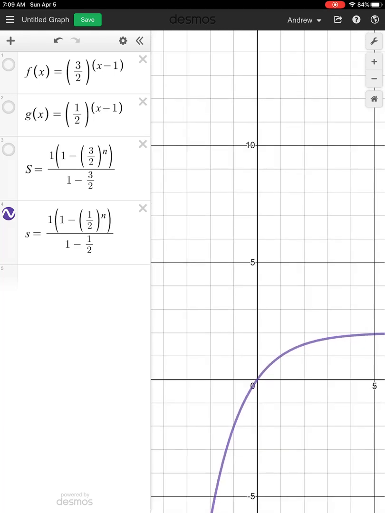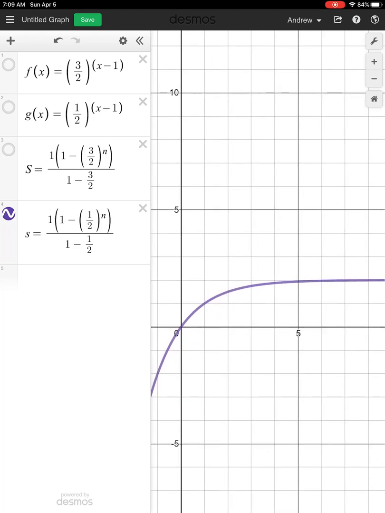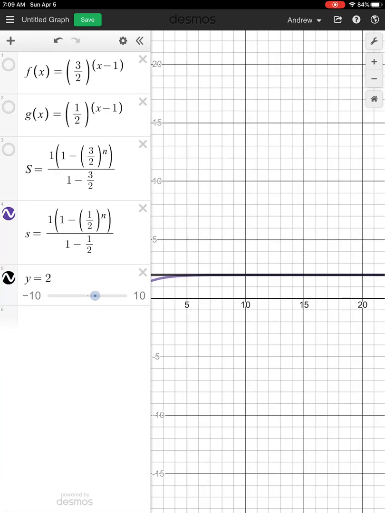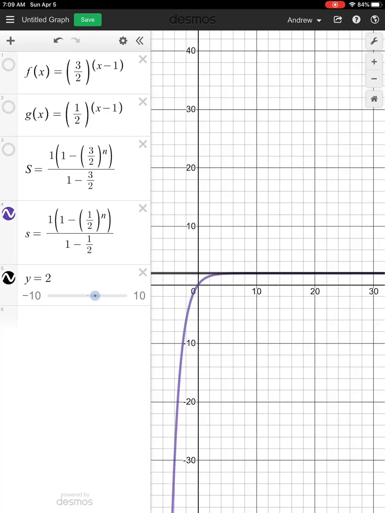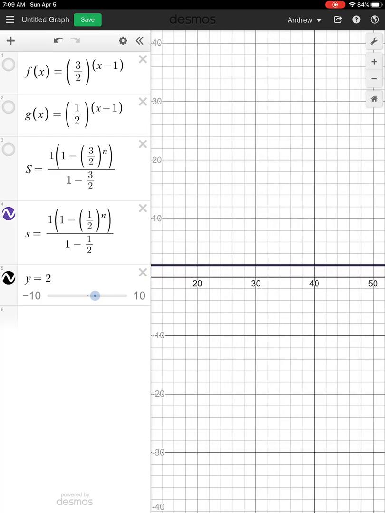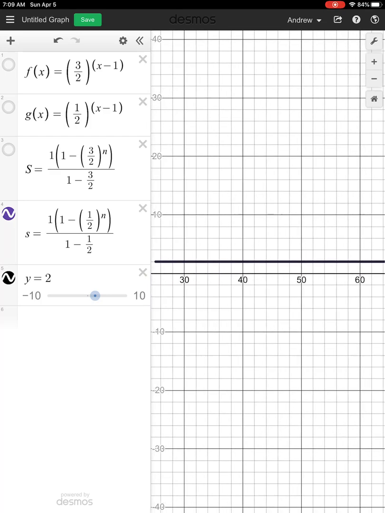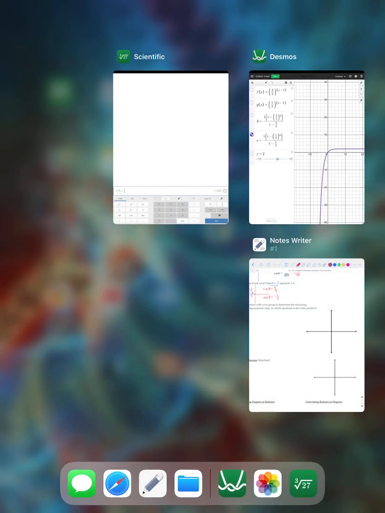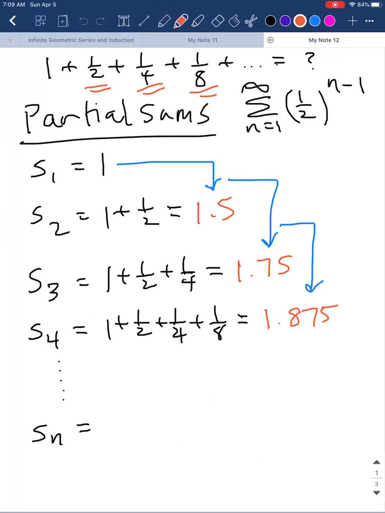So if we zoom in a bit, what value are we leveling off to? It looks like y equals 2. So let's compare y equals 2, and you can see that that purple curve just completely disappears. So our sum as a function is approaching 2. And if we look at our sequence of terms, it is also approaching 2.